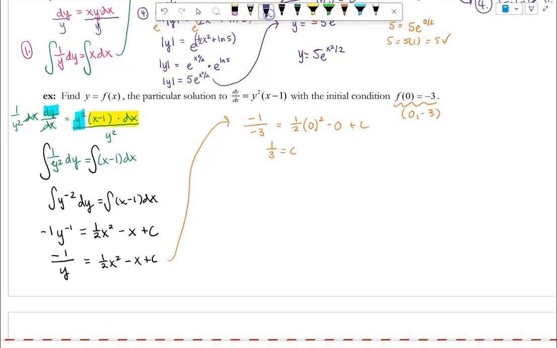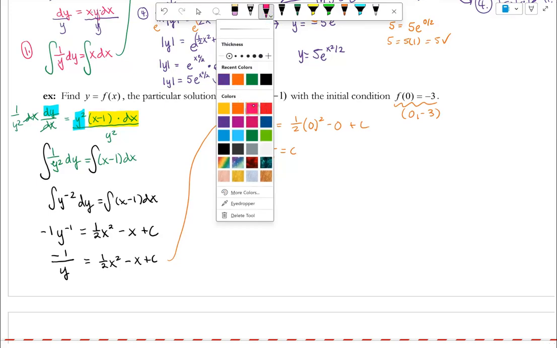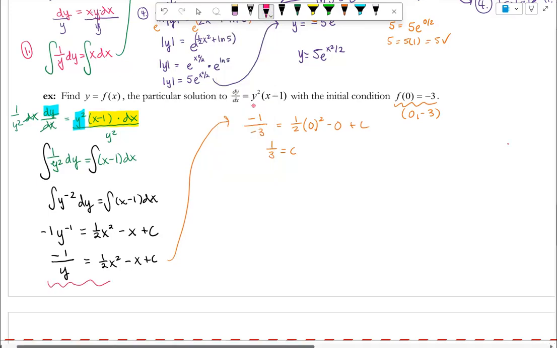We have to plug c in exactly where we left off to find what c was. We cannot do any other steps with this equation and then plug c in later. So I have to keep this: negative 1 over y equals 1/2 x squared minus x plus 1/3.